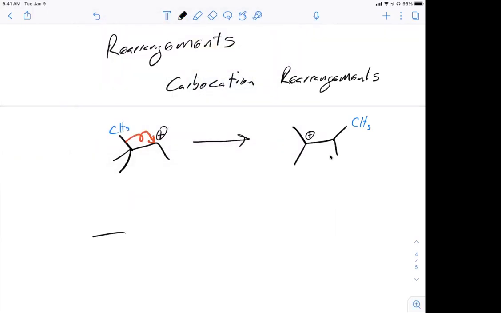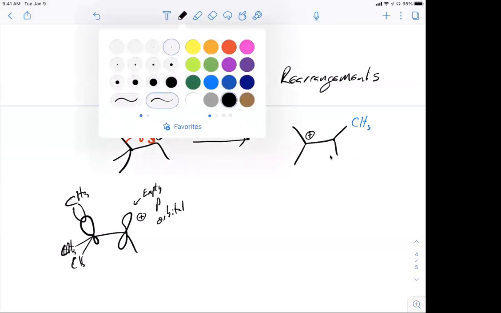When we think about a positive charge, I've got an empty p orbital, and then over here, I'm just going to show one, I've got this sp3.